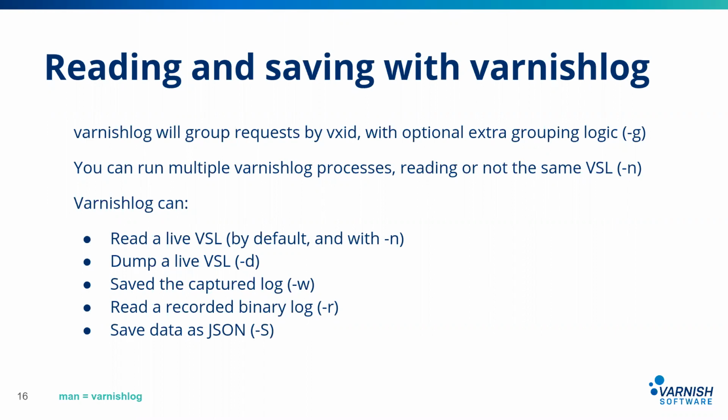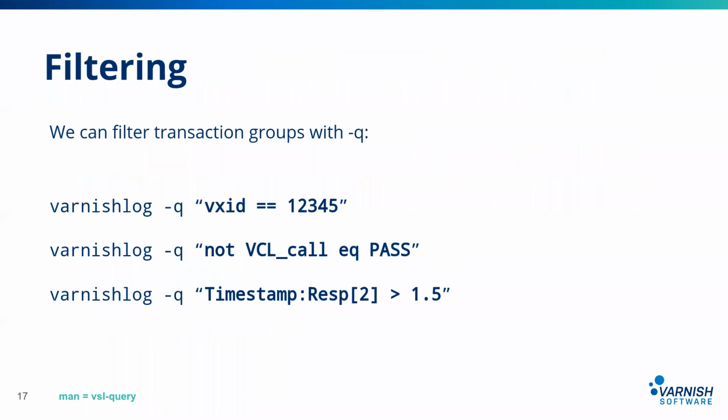We have other little niceties, but that's the brunt of it. Saving and dumping is very important because you get the whole information. That's great, but you also need to find the information.